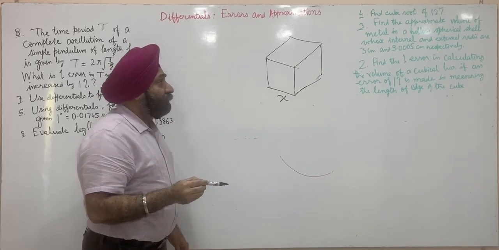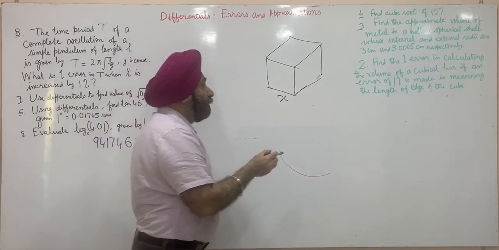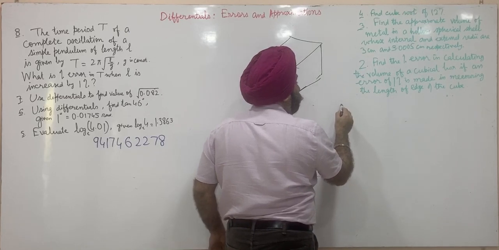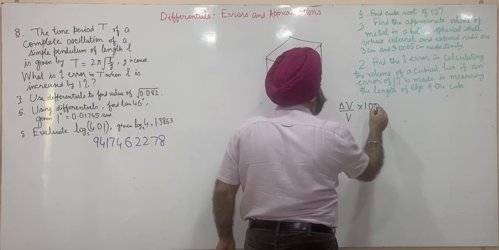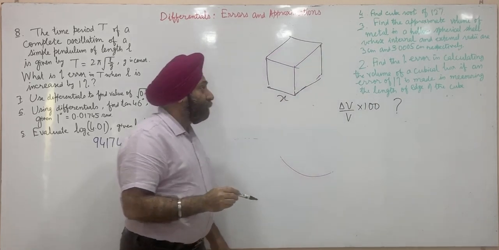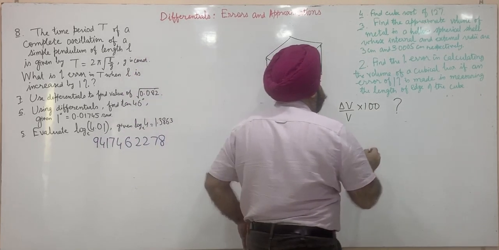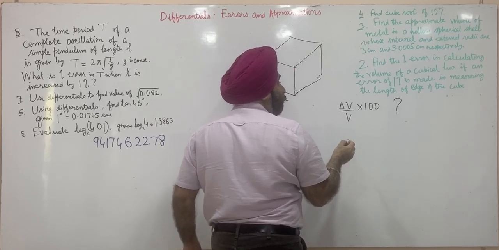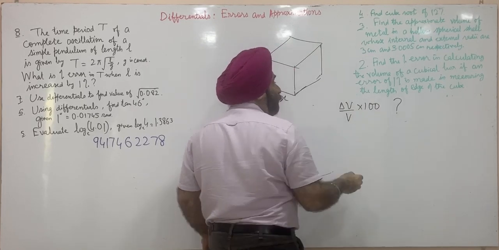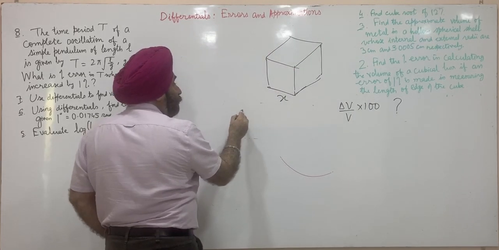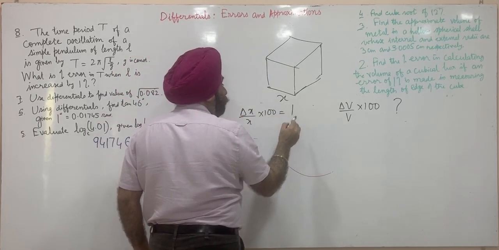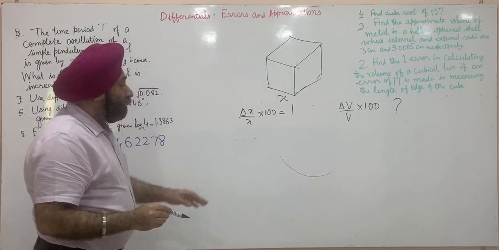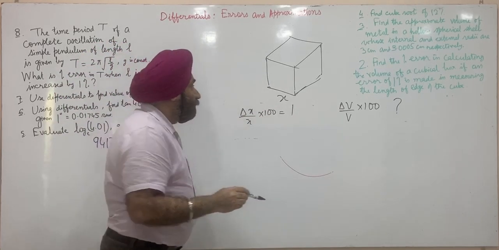We have to find the percentage error in calculating the volume of the cubical box. That means delta V upon V into 100. We have to find this quantity given that there is an error of 1% made in measuring the length of the edge of the cube, that is delta x upon x into 100 is given as 1.